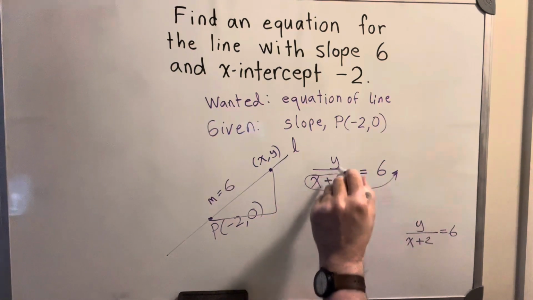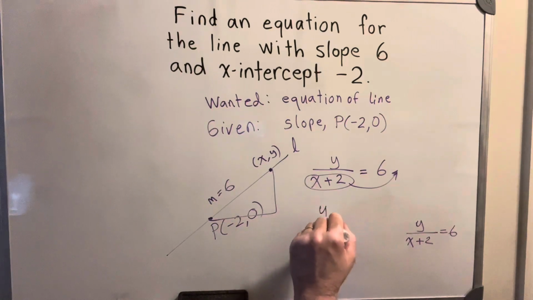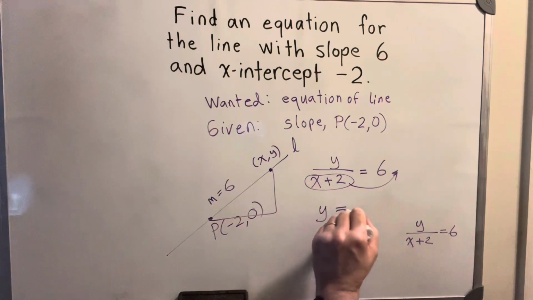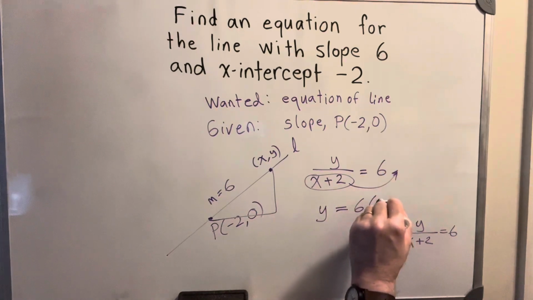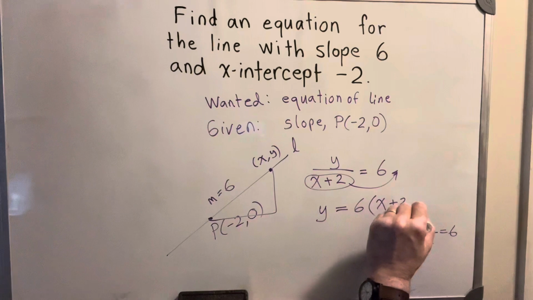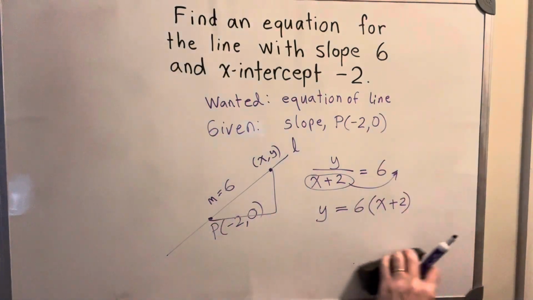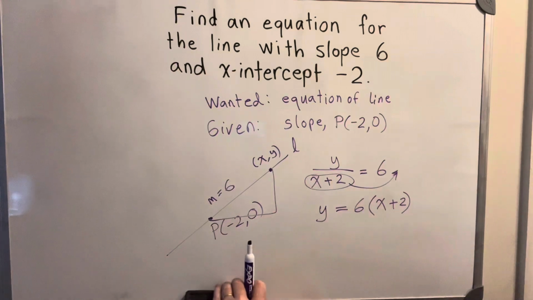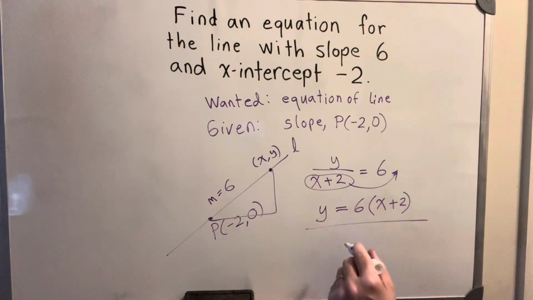We're going to keep this right here, and we're going to write y equals 6 times x plus 2. This is the answer to this problem. This is called the point slope form.